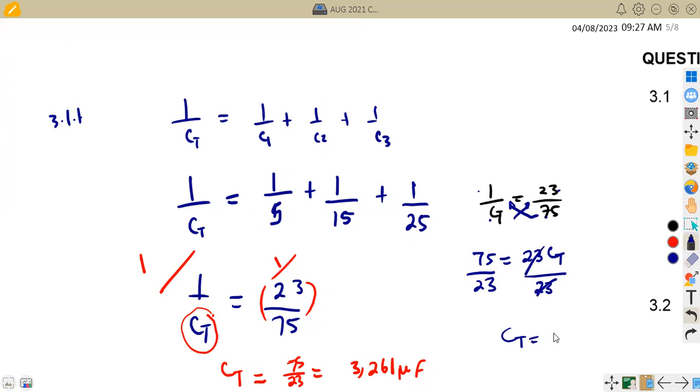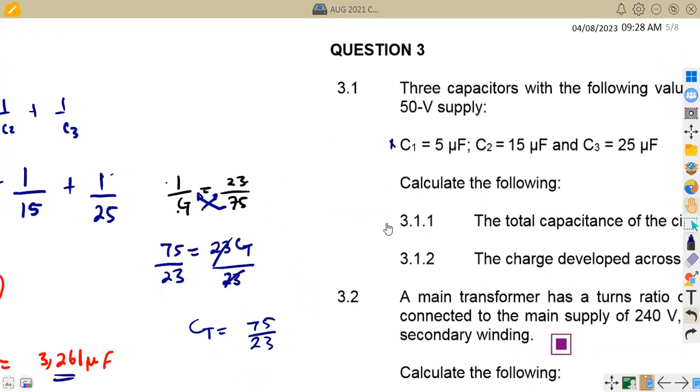That means our CT is 75 over 23, which is the same as this one. Then you can divide to give you a decimal. It's the same way you do for resistors in parallel, but this is for capacitors in series. All right, so that is how you calculate.